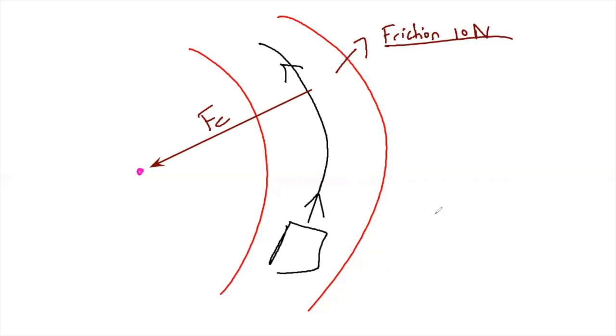Now I have greater velocity. My car has greater velocity, so I won't have the same centripetal force.